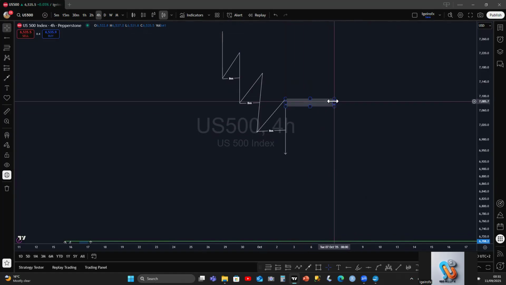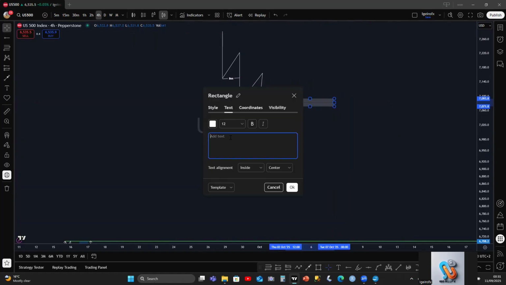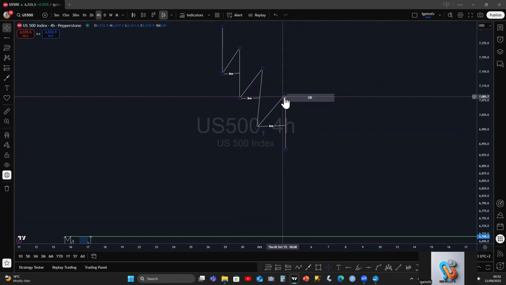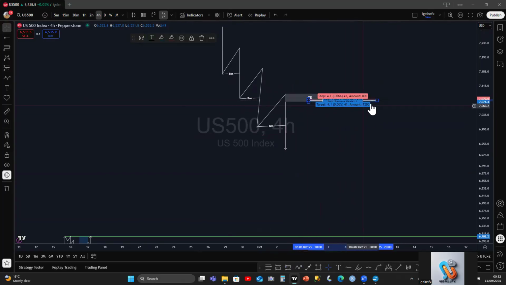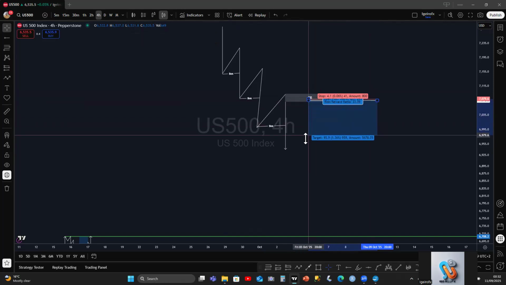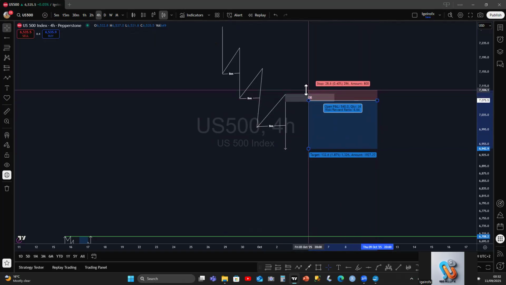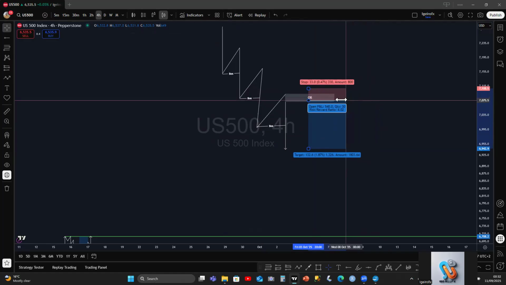So here we say OB, the order block. Why? Because this is what causes the push, the break of structure to the downside. So at this point, what we now need to do is place our sell tool here, to this point, and pull it above it.